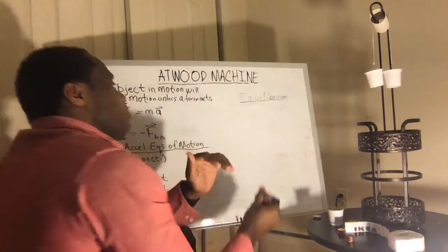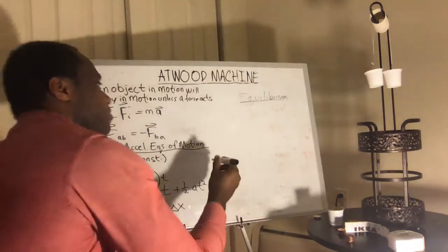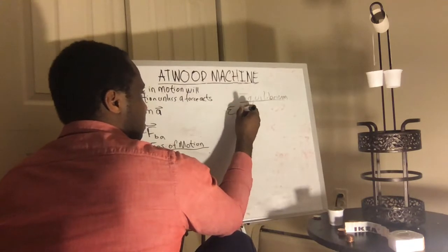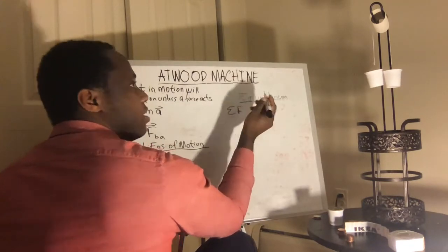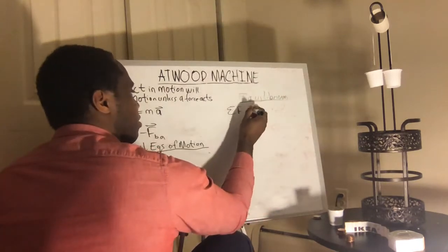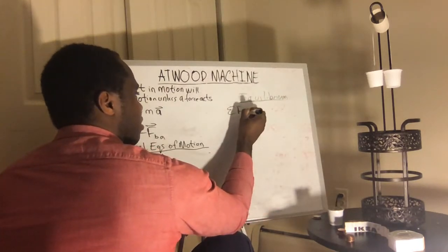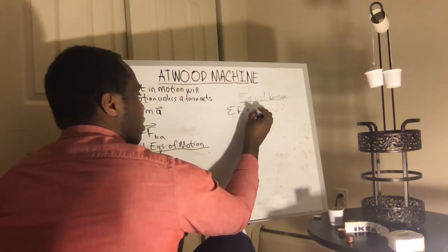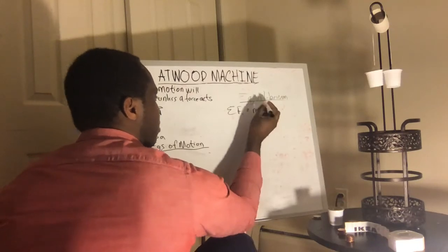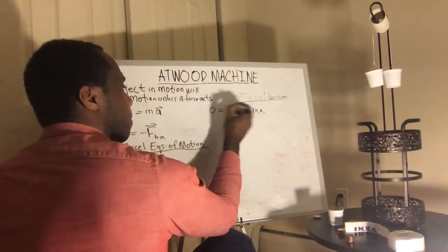And this amounts to having the sum of the forces on each of these masses, say, the sum of the forces on one equals m1 a1 equals 0.